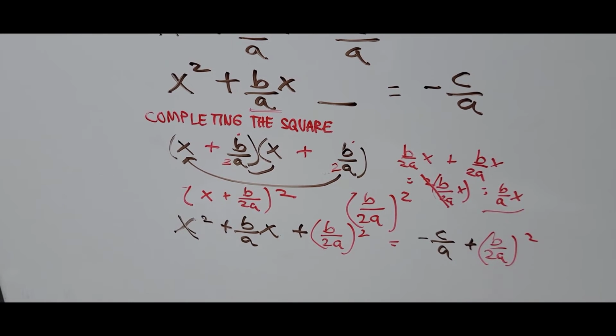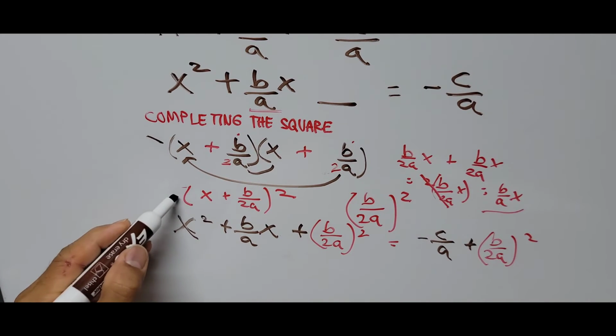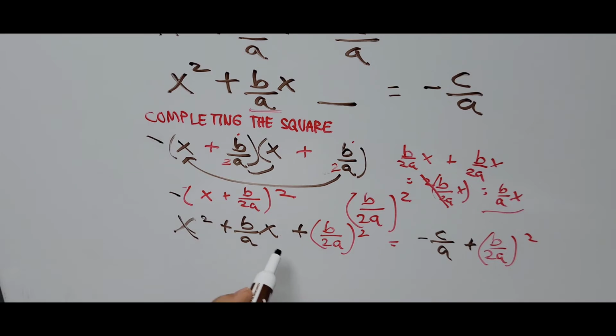So from here, all we have to do is simplify this. By completing the square, we have added the third term.